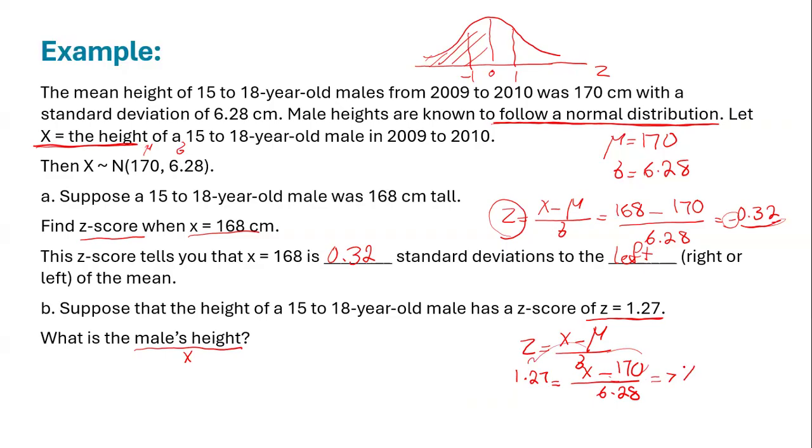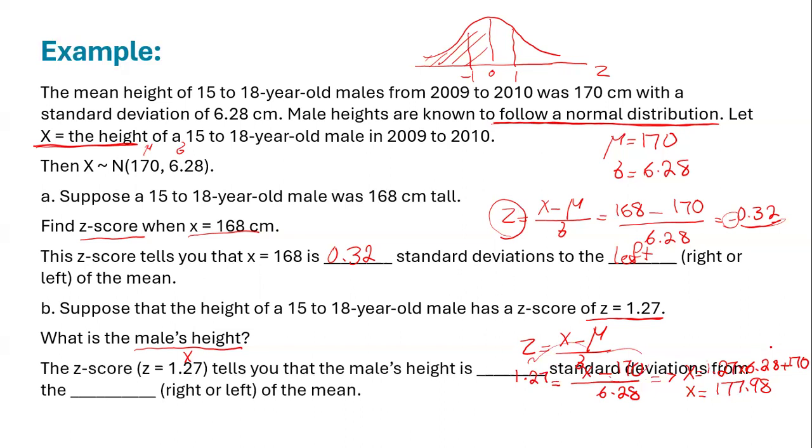So x is equal to 1.27 times 6.28 and then added to 170. And the answer is 177.98. So if z is 1.27, the x must be 177.98 centimeters.